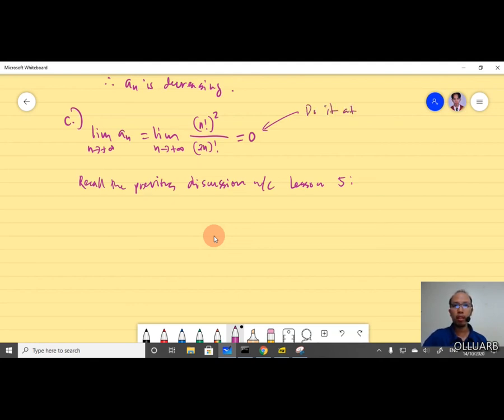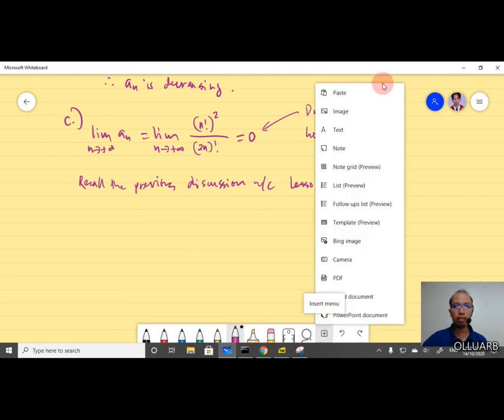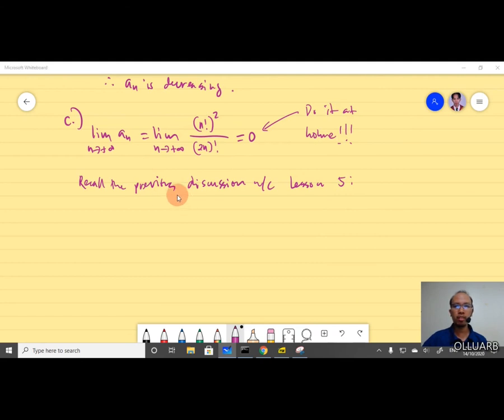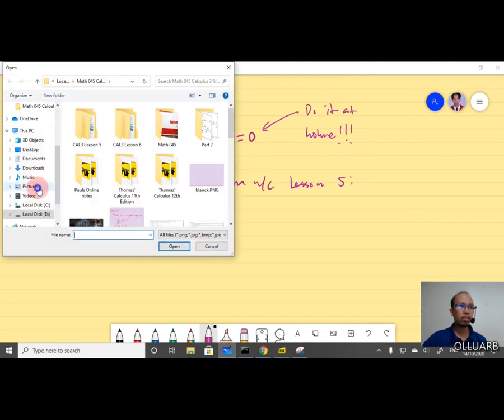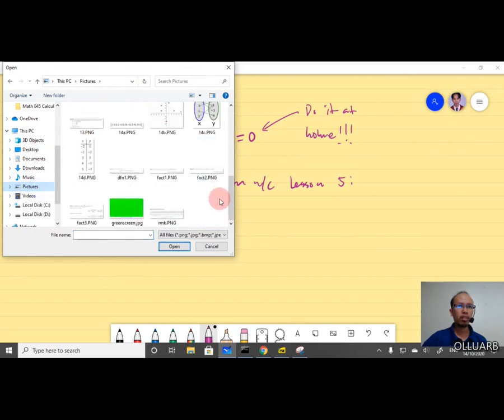Show that the limit is actually 0 by recalling all these definitions. So I will put it now, the definition. Let's have this one, this definition here.